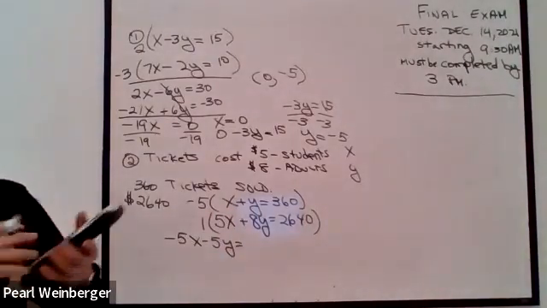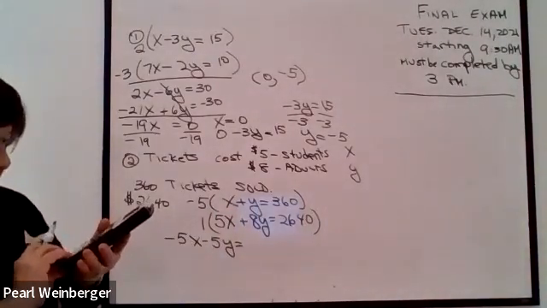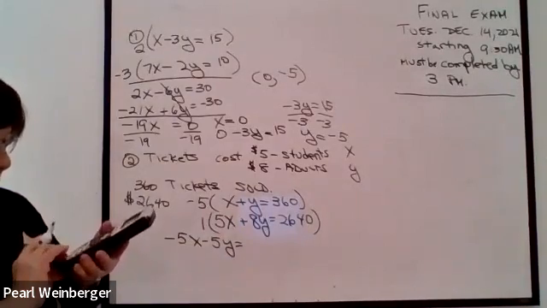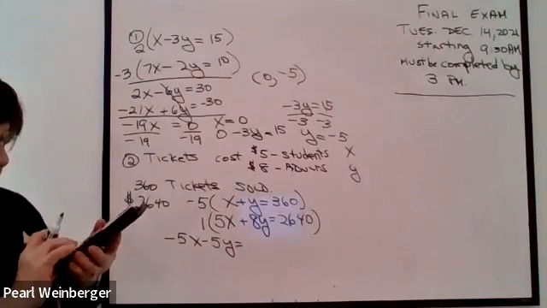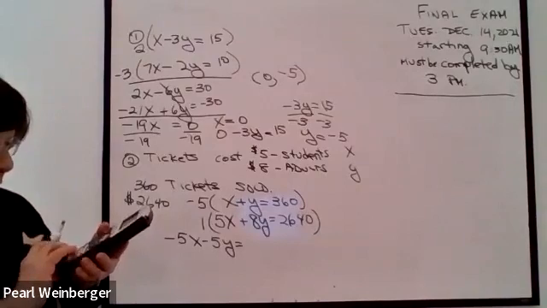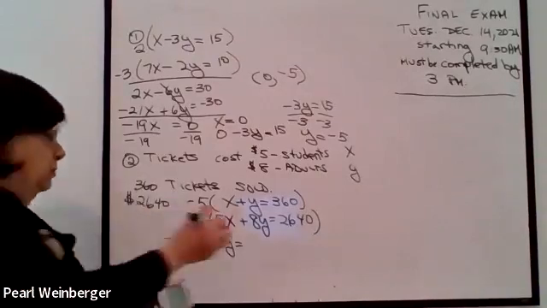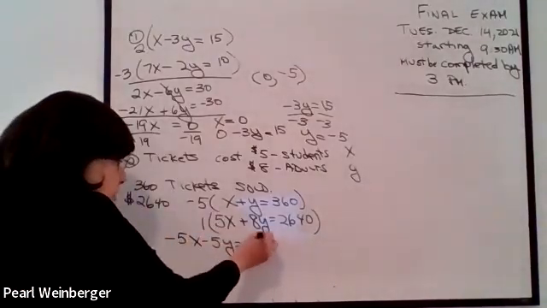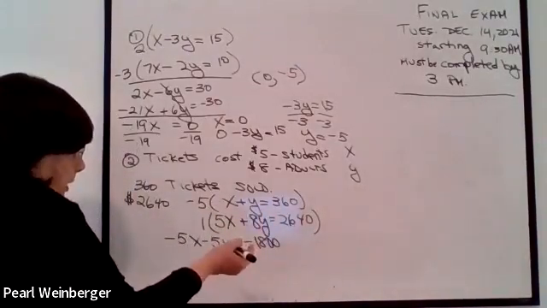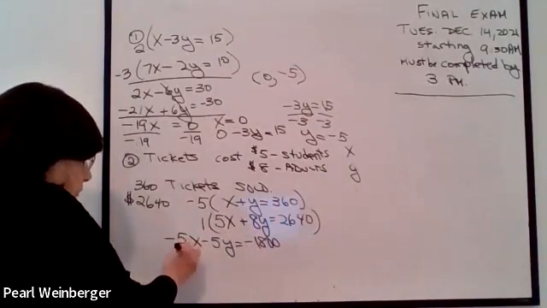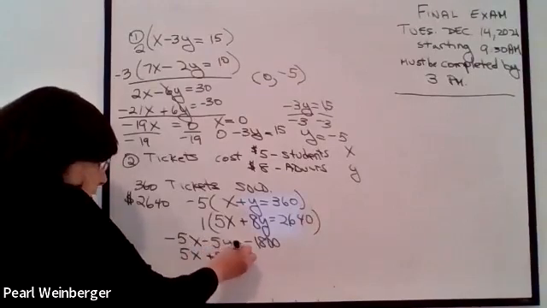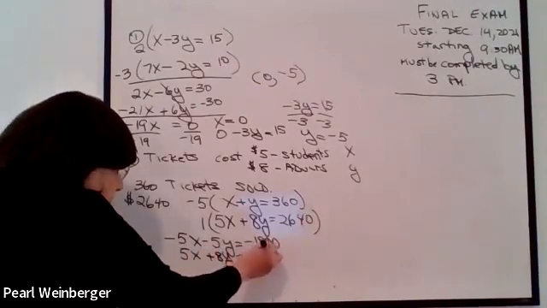I'm going to let my calculator do some work for me. Negative 5 times 360 is negative 1800. And since the bottom equation is just being multiplied by 1, it stays 5X plus 8Y equals 2640.